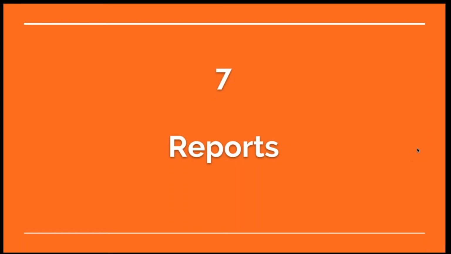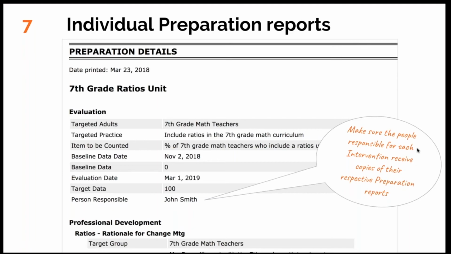So let's look at your reports. This is an individual preparation report, and this gives all of the details for the preparation. And we want to make sure that the people responsible for the intervention receive copies of their respective preparation reports. Putting somebody's name on there, it's just not fair to not give them the plan so that they know what they're expected to do.